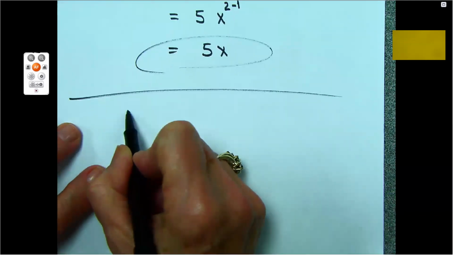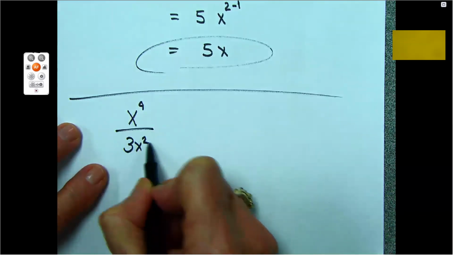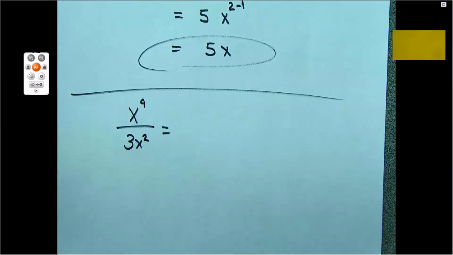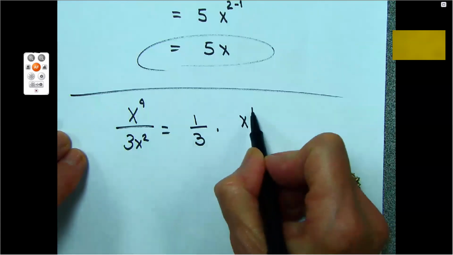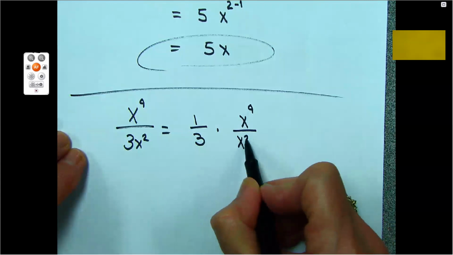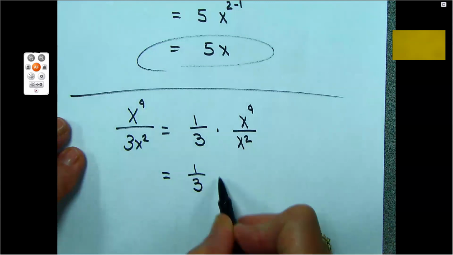Okay, dividing, we have x to the 9th over 3x squared. Dividing polynomials, it happens to be a monomial divided by a monomial again. We can break that apart. That's 1/3 times x to the 9th over x squared. So that's 1/3 times x.